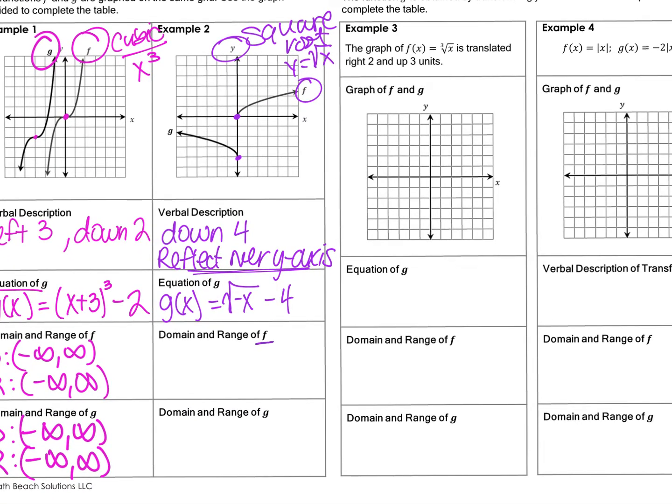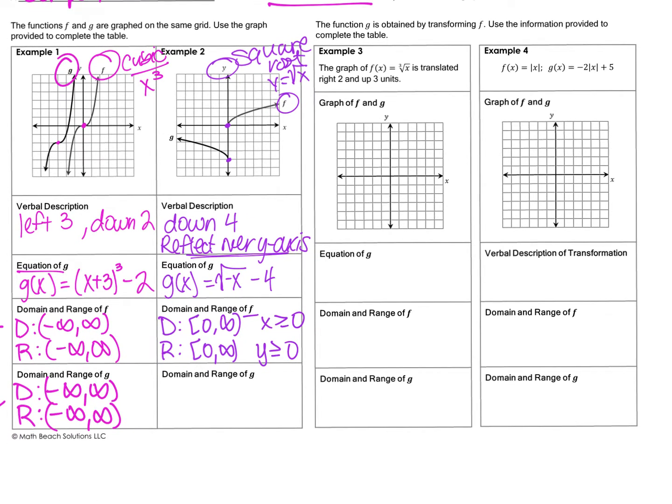Okay, so looking at f, which is our parent function, domain, you can either put 0 to infinity, or you can put x is greater than or equal to 0. And then your range, if you look, notice it's the same. So 0 to infinity, or y is greater than or equal to 0.